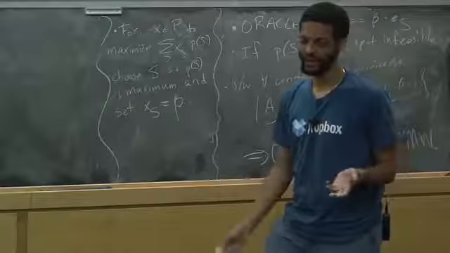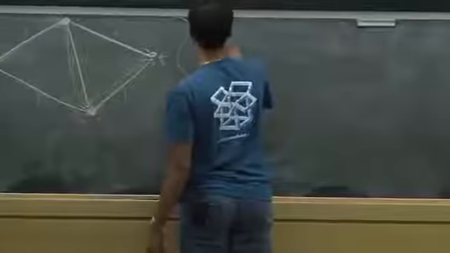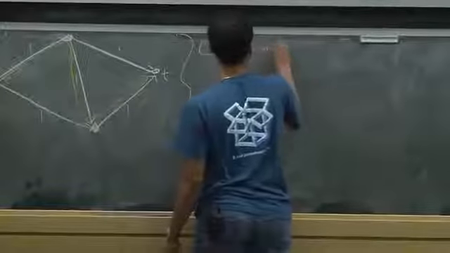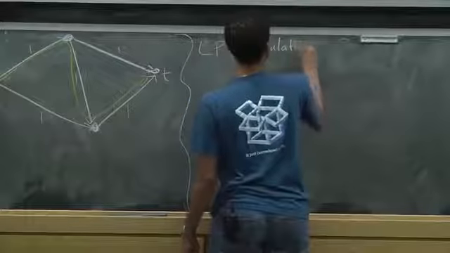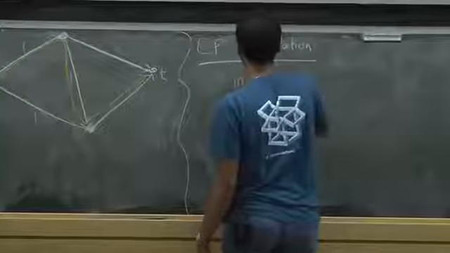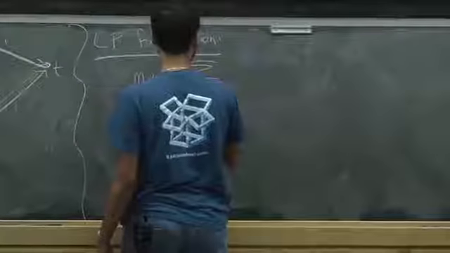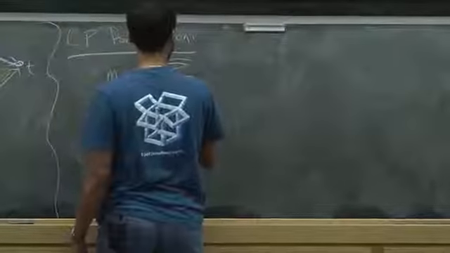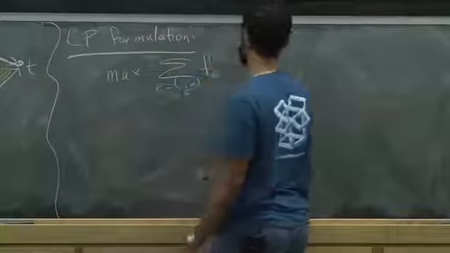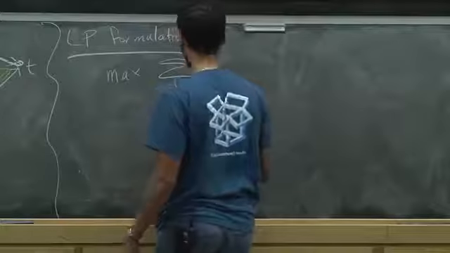Linear programming, right? So this is exactly a linear programming problem. So LP formulation. We want to maximize the sum of all flow leaving S. We have certain constraints. f has to be at least 0.